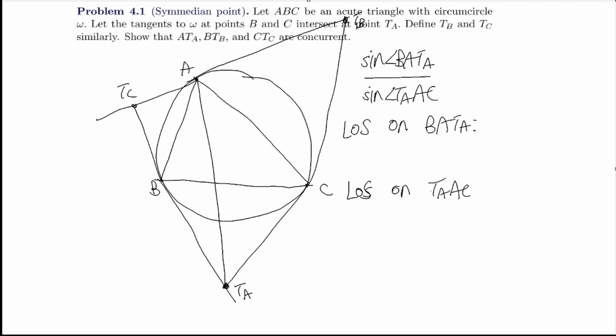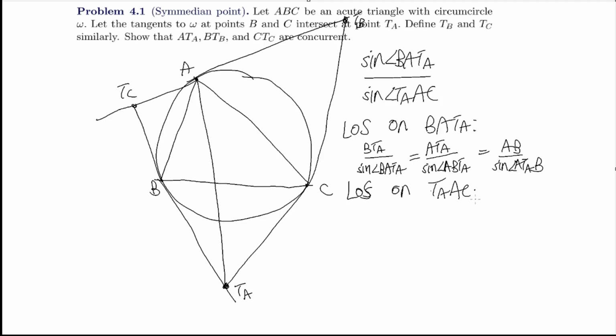Well, then we end up getting that BTA over sine angle BATA is equal to ATA over sine angle ABTA, which is equal to AB over sine angle ATAB.